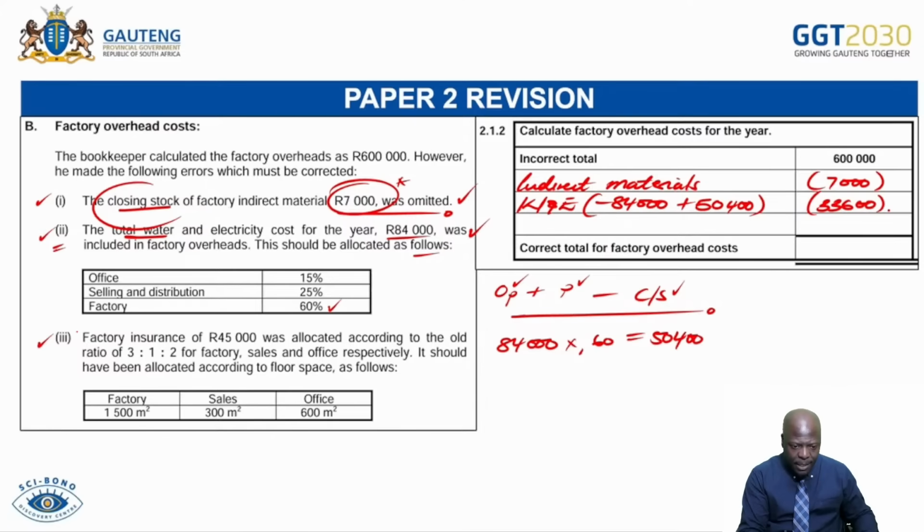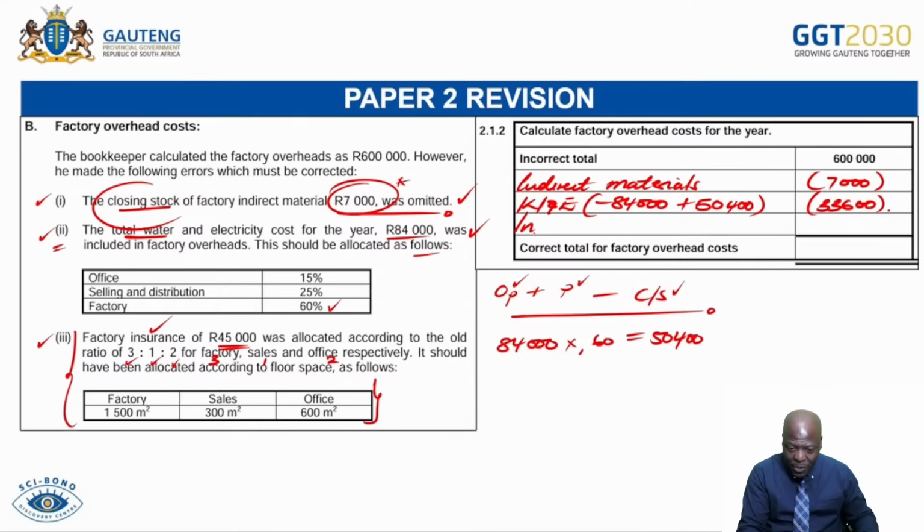The next one then says, factory insurance, 45,000, was allocated according to the old ratio of 3:1:2 for the factory, sales, and office respectively. So the factory gets a 3, the sales gets a 1, and the office gets a 2. It should have been split according to the floor space as follows. So remember what we said. This is for the factory insurance.